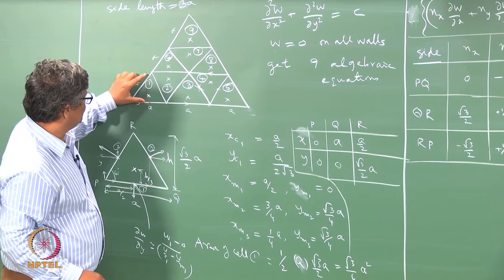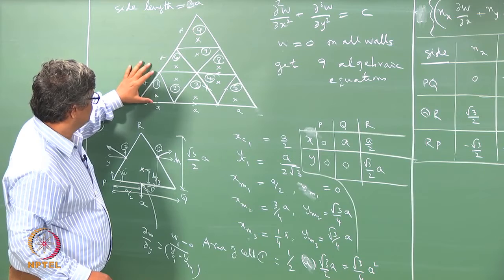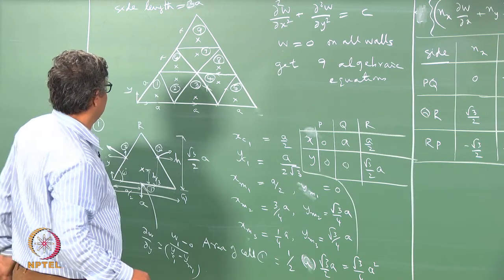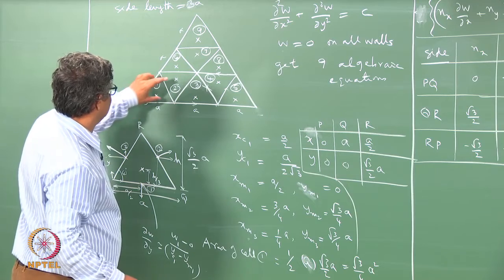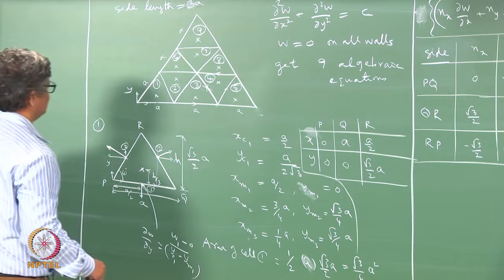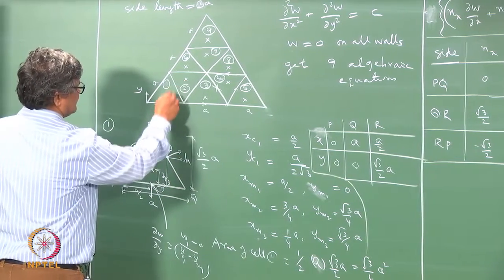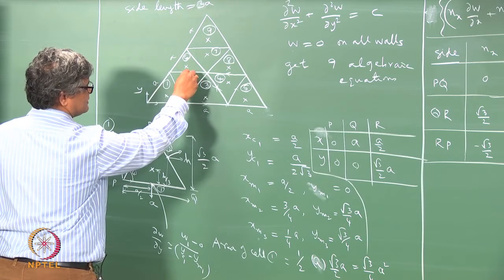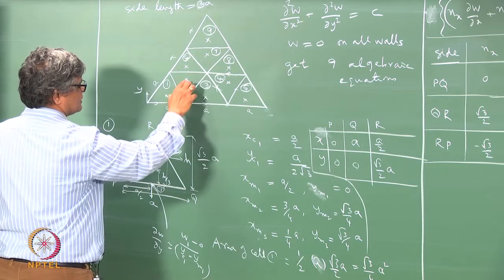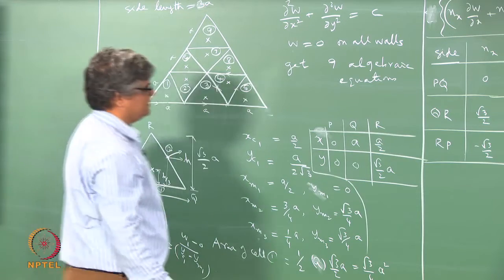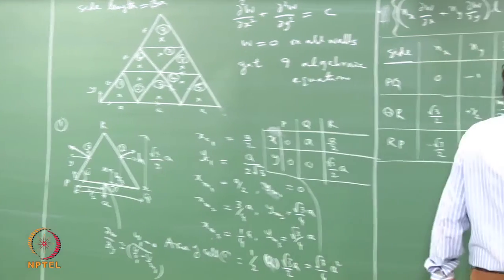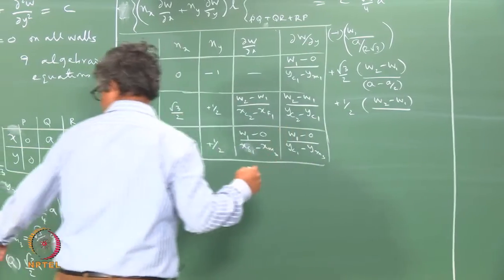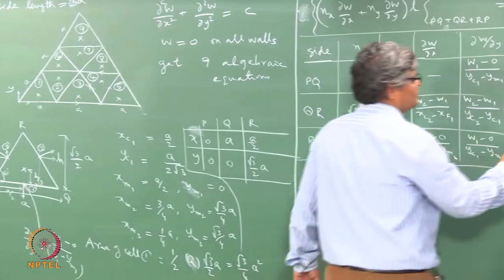So, this is 2h by 3 from the top, and the top is the same as this. So, this is h by 3 from the bottom. So, this distance here is h by 3, and h itself is square root of 3 by 2.